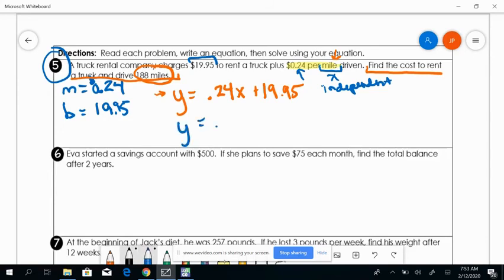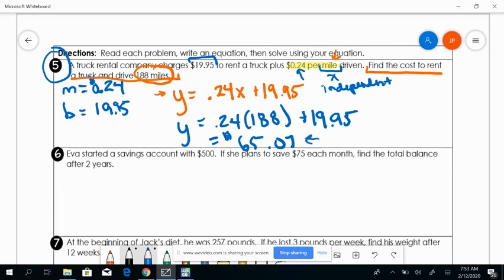So I'll say y equals 0.24 times 188 plus 19.95. And then I'm just going to solve that out. And what you're going to get is $65.07. So in order to rent that truck and drive 188 miles, it costs $65.07.